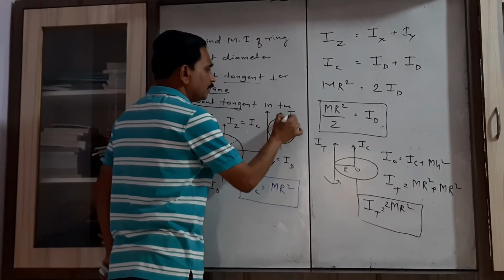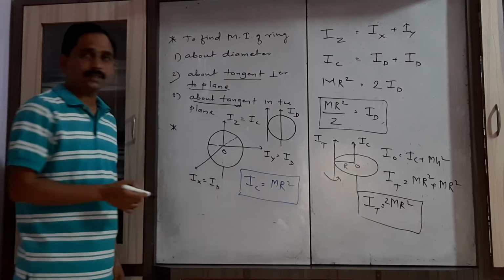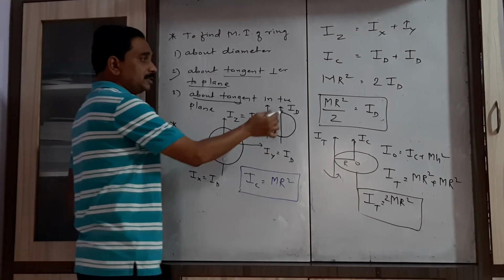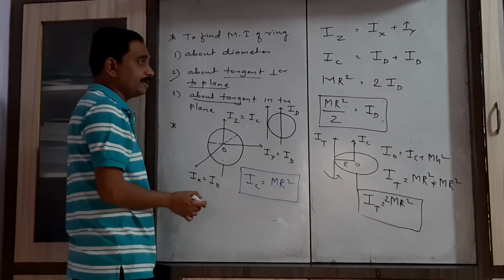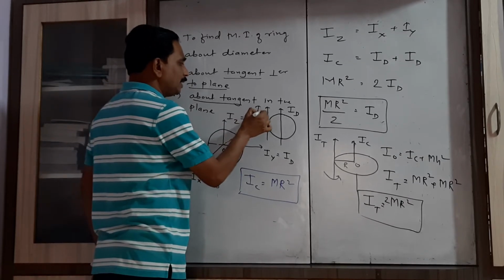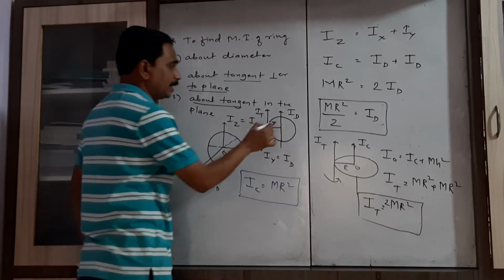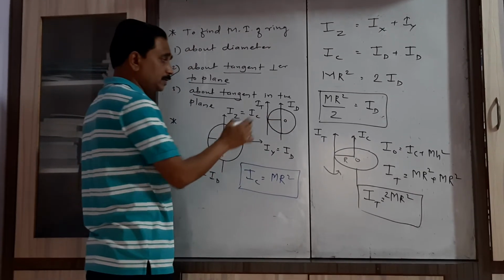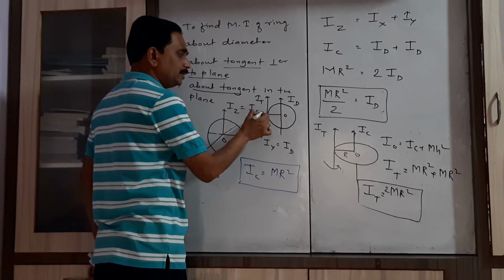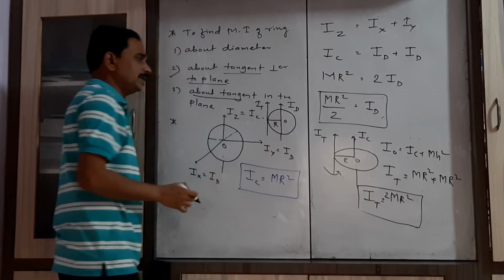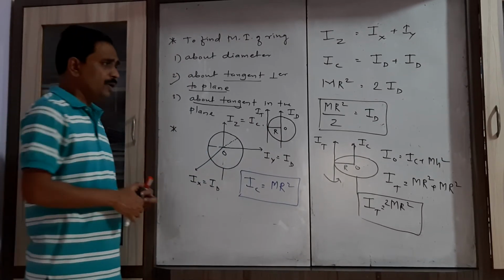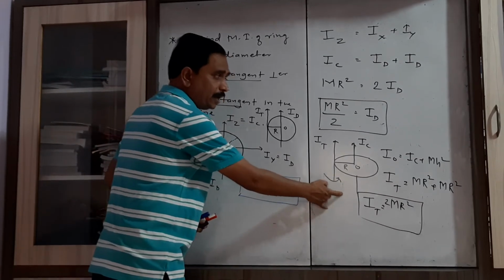That's why we consider this axis as an axis passing through the diameter, and this is the tangential axis. Now if we join those two axes, again we have the joining of the center and a point on the circumference, which gives us the radius. Now we have to use the same parallel axis theorem.